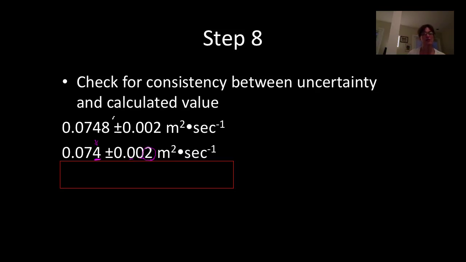Since I rounded off an 8, I need to round this number up to 0.075 plus or minus 0.002 meters squared per second to the negative 1.